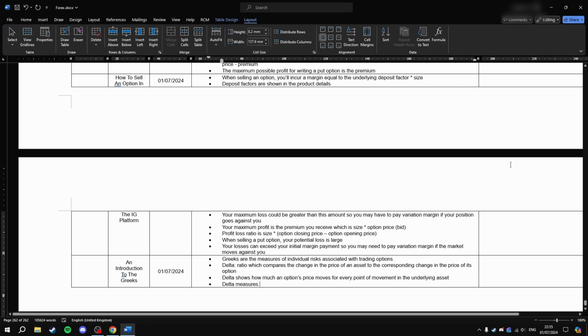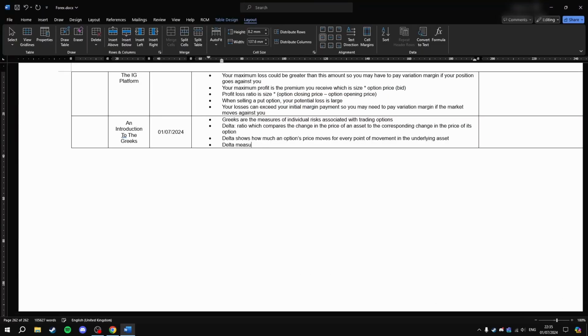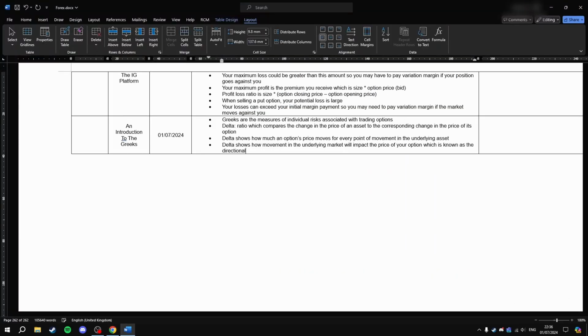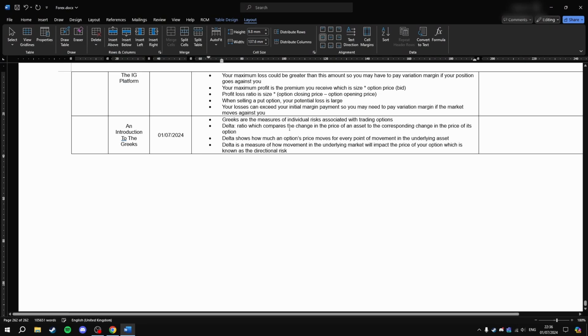Delta is a measure of how movement in the underlying market will impact the price of your option, which is known as the directional risk.